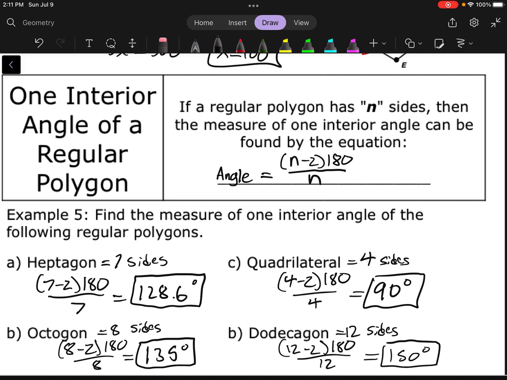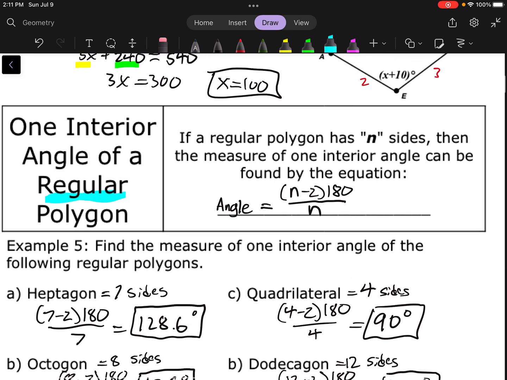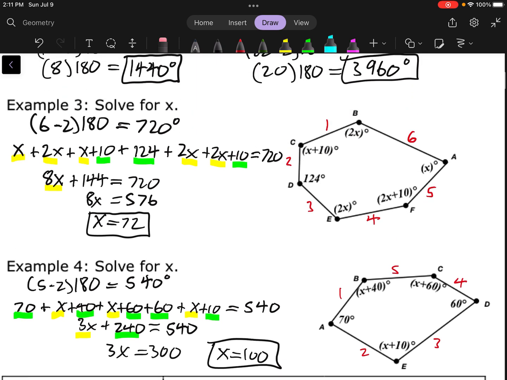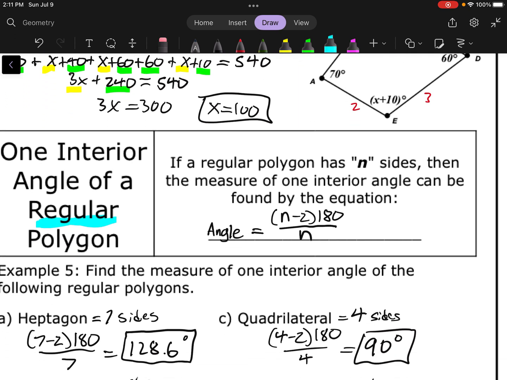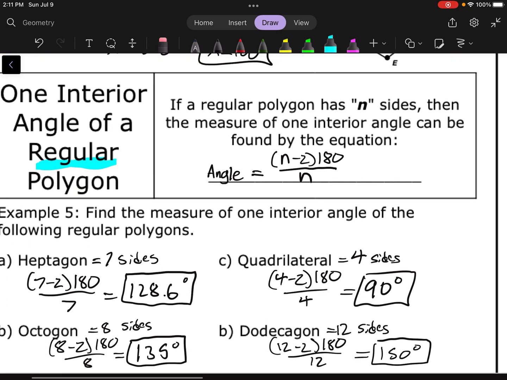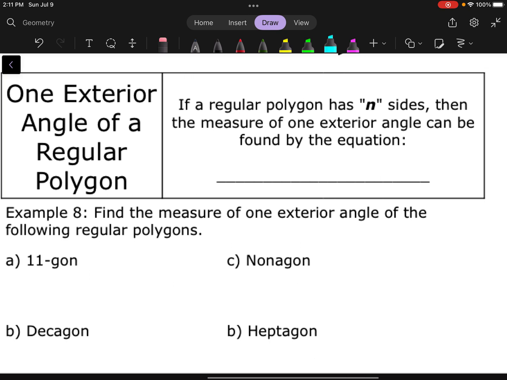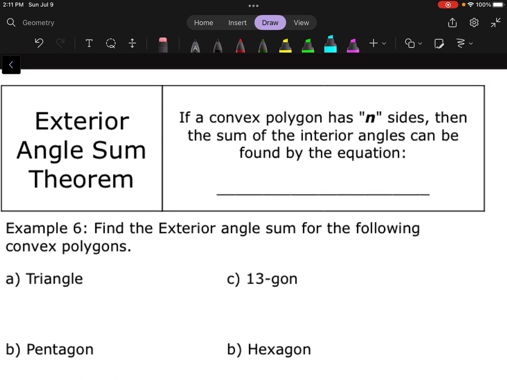Now, once again, of course, that rule can only be used for regular polygons. As we saw above, these were definitely irregular polygons because all the angles were different. I mean, some of them might have been the same, but they certainly weren't all the same. So those were irregular. This rule here can only be used for regular polygons. All right, so those were some rules for the interiors.